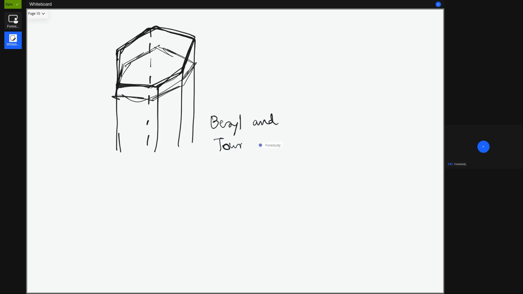You will be seeing a prismatic shape. Tourmaline and beryl have a prismatic shape, and they are examples of cyclosilicates.